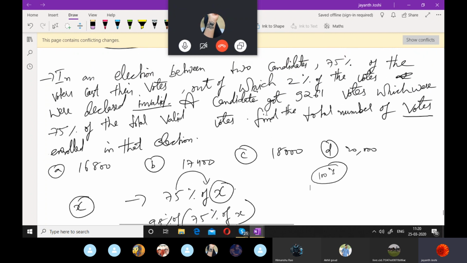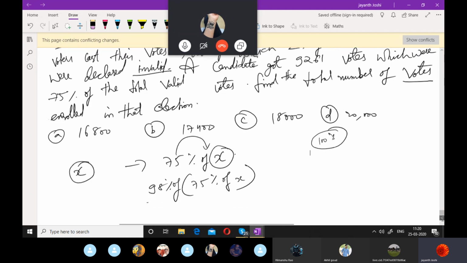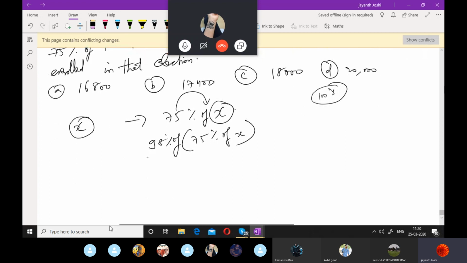Now a candidate got 9,261 votes, which were 75% of the total valid votes. So 75% of the voters cast their vote out of the total votes available, and out of that 98% are the valid votes. Out of that also 75% of the total valid votes happen to be 9,261.